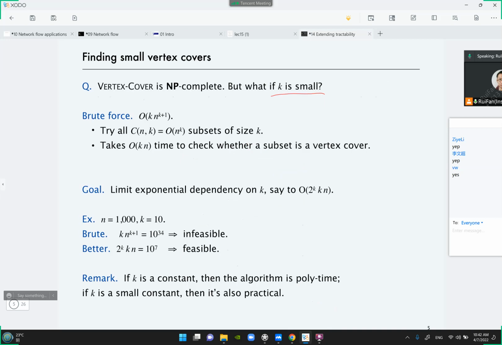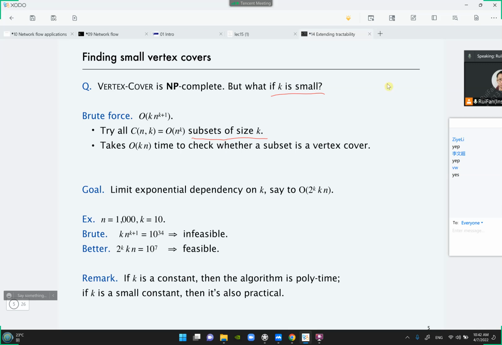But now if k is larger, what I might try to do is look at all subsets of k vertices, and see whether each subset can cover all of the edges. Now how much time is this going to take? First, I need to try all the subsets.